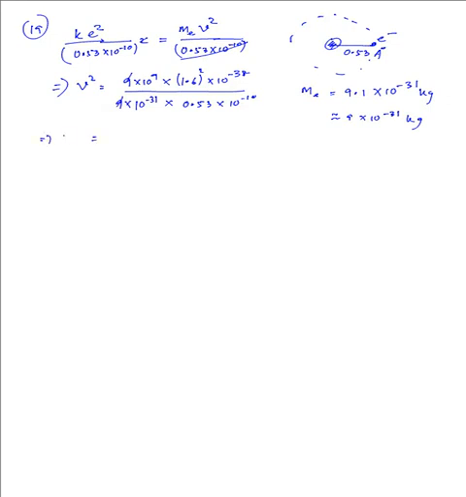v will therefore be equal to, well, let's check for the powers of 10 first. This is minus 31. As it goes up, it becomes plus 31, so plus 31 plus 9 is 40. 40 minus 38 is 2, and 10 raised to the power minus 10 going up makes 10 raised to the power plus 10, so 2 plus 10 is 12.